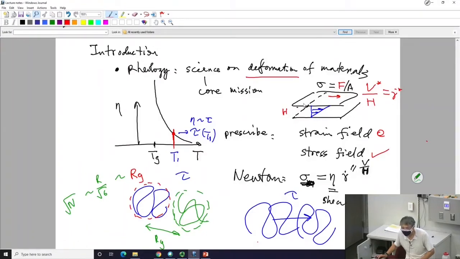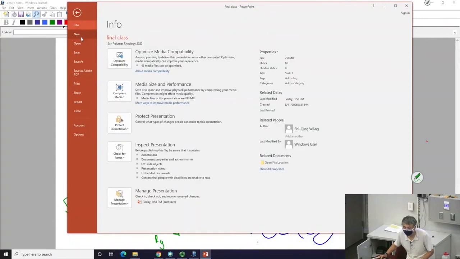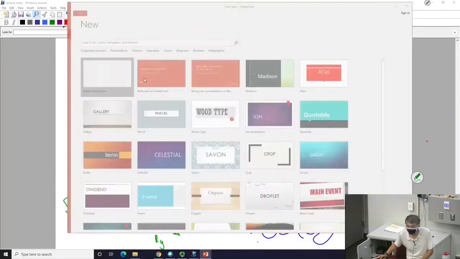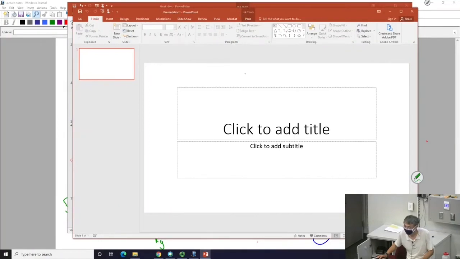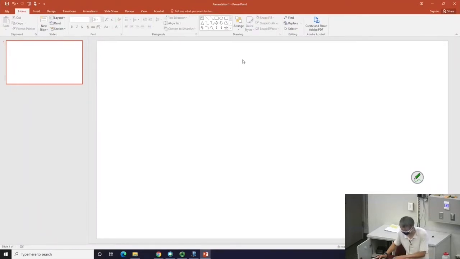I'm trying to get to the next page. Let's, for the sake of argument, switch to PowerPoint. We can always go back and forth, copy everything backward.